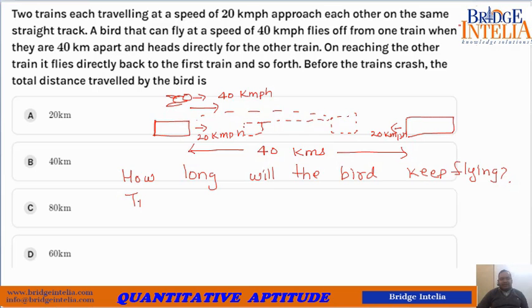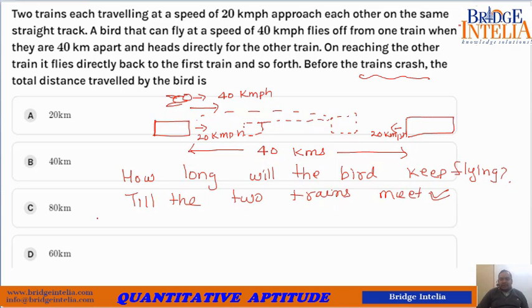The answer is till the two trains meet. This is the answer, because the bird will stop flying when the trains crash or meet. So how long will the bird keep flying? It will keep flying till the two trains meet.